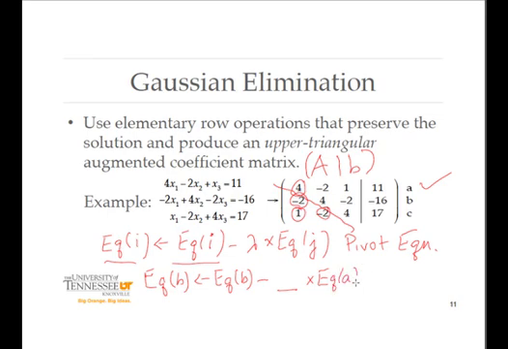So the question is what combination do we need to take of equation A and add it to equation B, and therefore update it to produce a 0 where that -2 is? One way to do it, again using this pivot equation notation, is to simply take that element -2, divide it by the corresponding element that we use in the pivot equation. This is called the pivot equation, the A one in this case. We take that element, which is 4, and divide it into the thing we're trying to zero out.